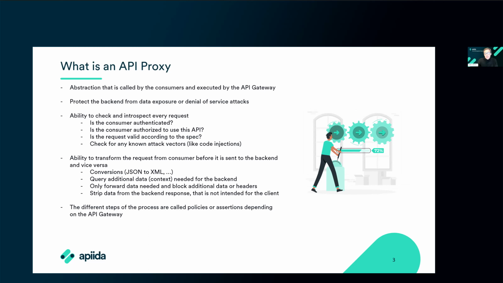For example, if your backend response contains some sensitive data that you don't want to give out via the API, then you can strip that data. These different processing steps are called policies or assertions, depending on the type of gateway you are using.